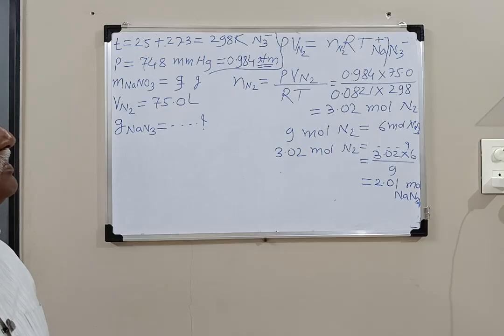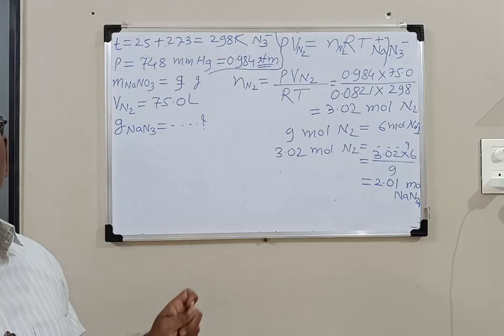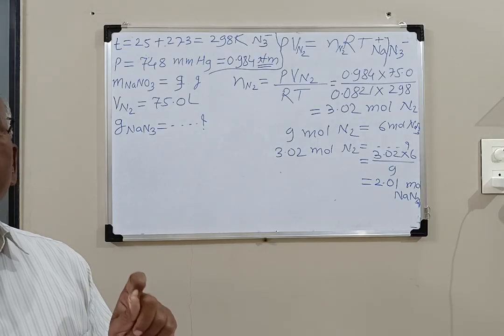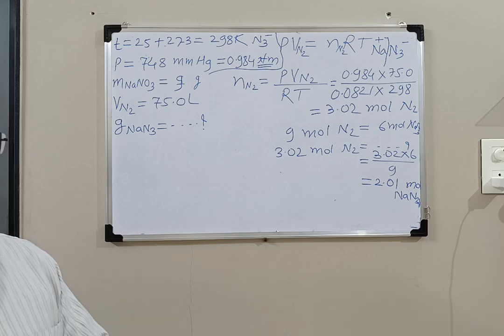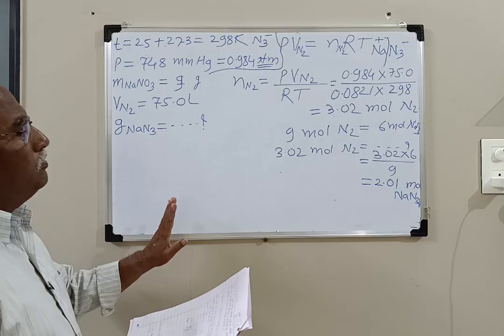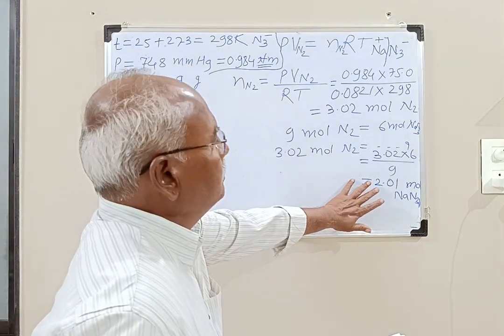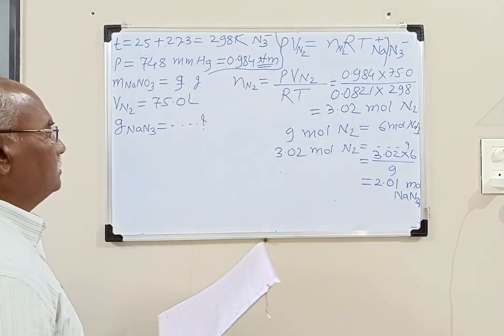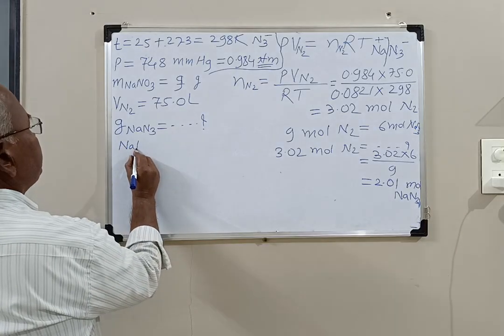Now, this is the second step of the problem. These problems are somewhat difficult because we have to calculate in 2, 3 or 4 steps. So, this is mole of sodium azide, NaN3.